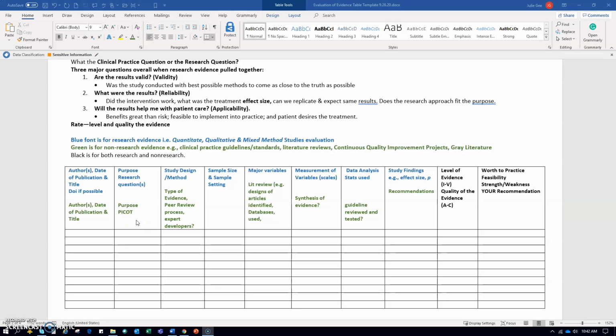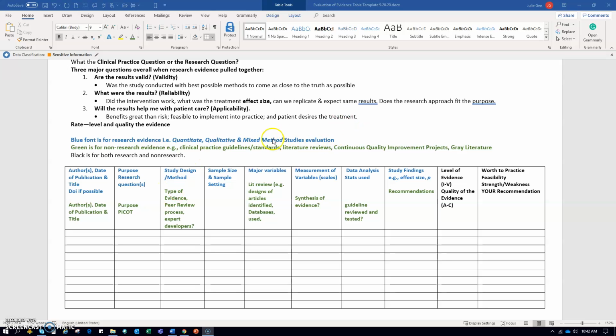Very important, if you want, you can put in the research question itself or the evidence-based practice question, the hypotheses, etc. The study design, very important. Again, we want to call out as high a level of evidence as we can to be able to make a practice change or look at that research as well.